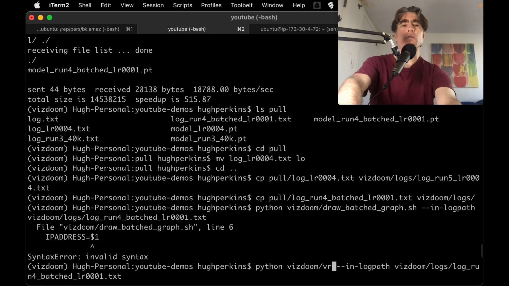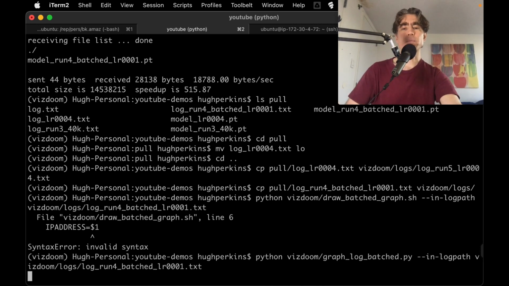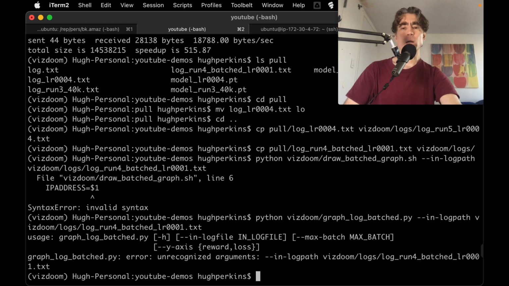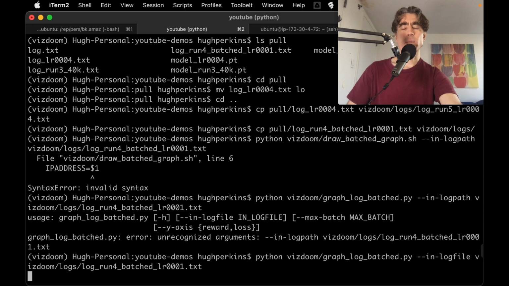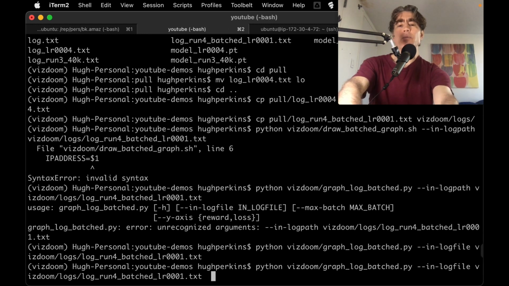Is it graph batched? Log batched. Oh, right, there we go. Then I have to open it. I should probably do this a different way. Graph.png.